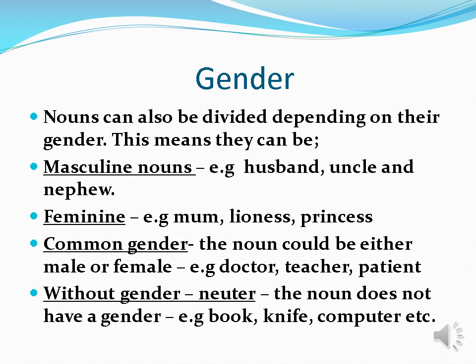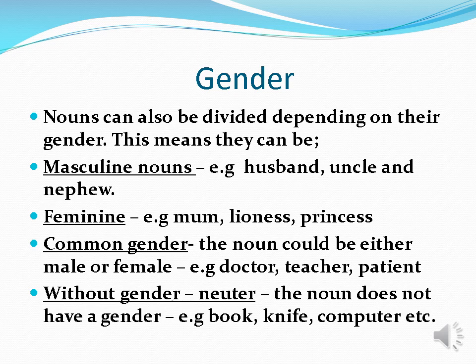And there are some things, of course, where you can either be male or female, and we call those common gender nouns. So you could have a female doctor or you could have a male doctor. These nouns could be either male or female. The examples, once again: doctor, teacher, patient.